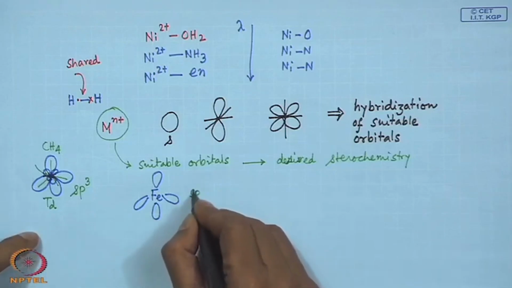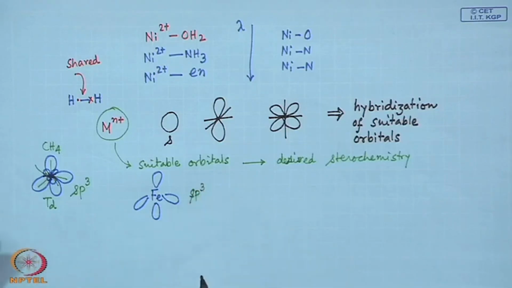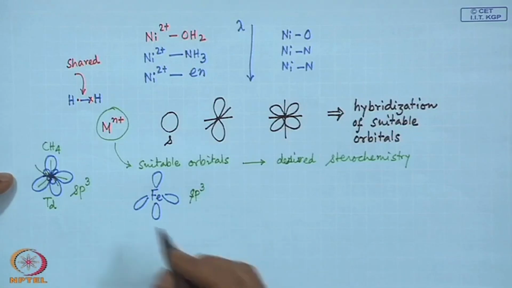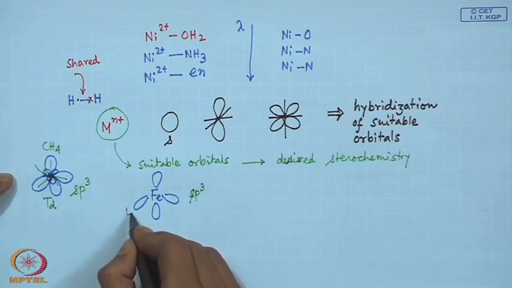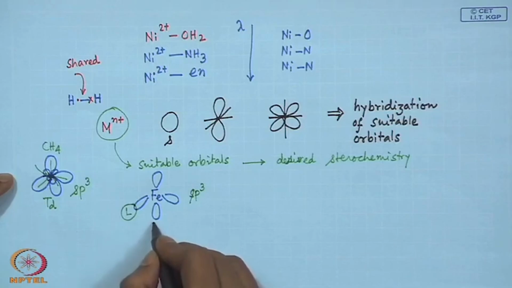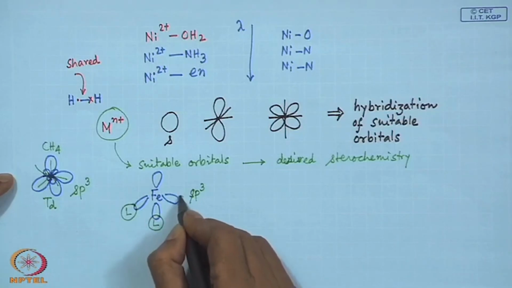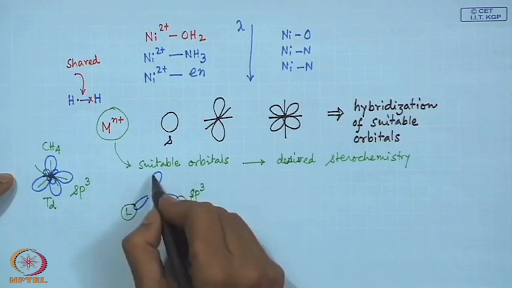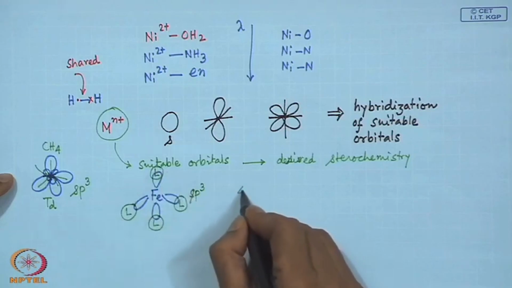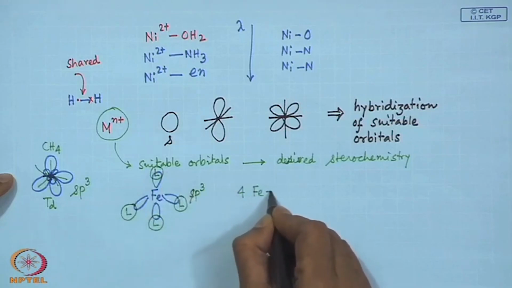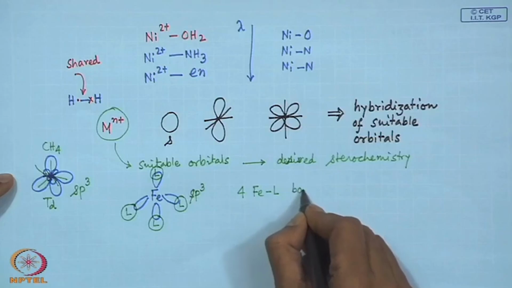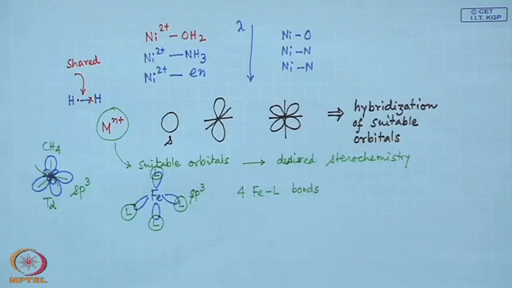If we get those hybridized orbitals in a similar fashion to the way we get the methane molecule, then the ligands with lone pair of electrons will come and overlap with these hybridized orbitals of the metal center, such that we can have 4 Fe-L bonds.